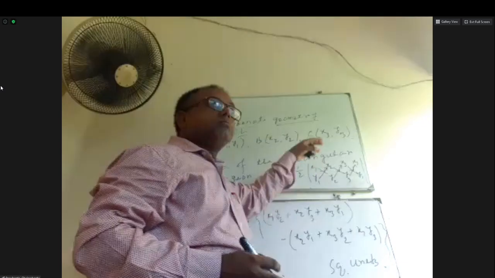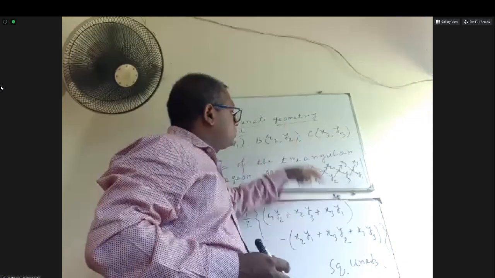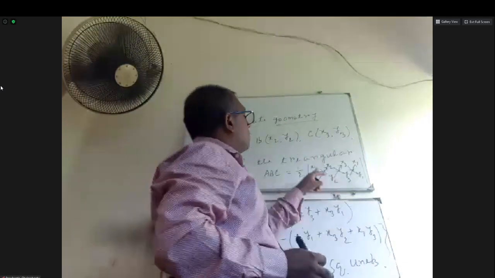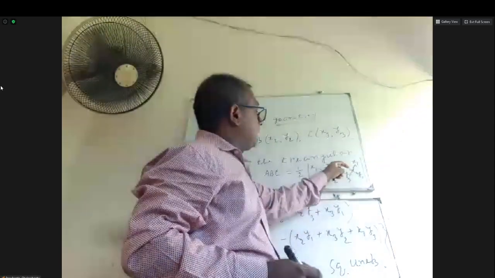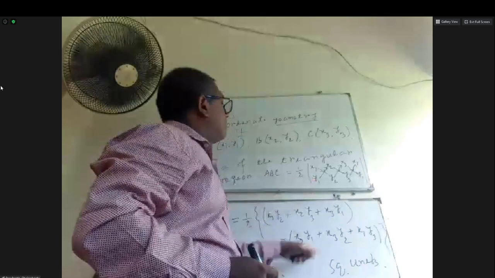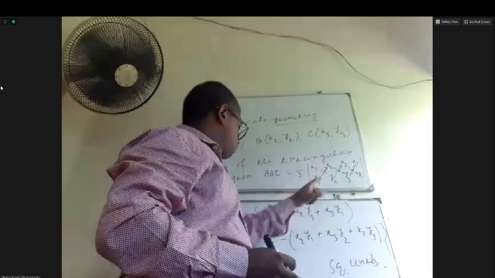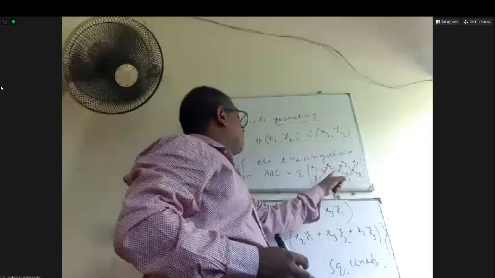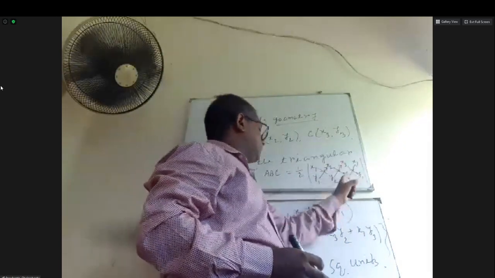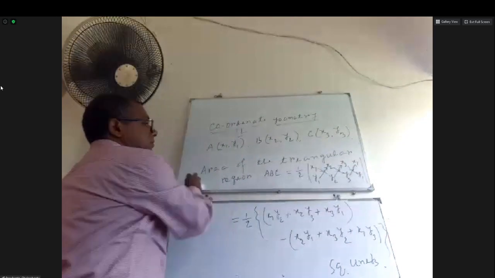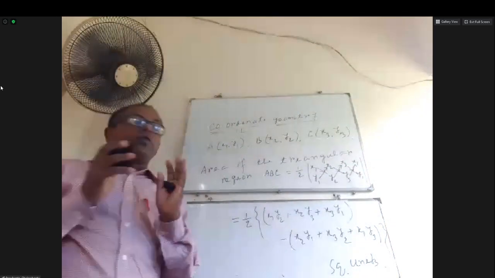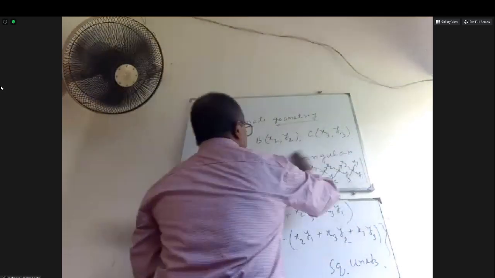Now from up to bottom, x1 y2, x2 y3, x3 y1 are positive, and from bottom to up they will be negative, that is x2 y1, x3 y2, x1 y3 will be negative. This is a formula.